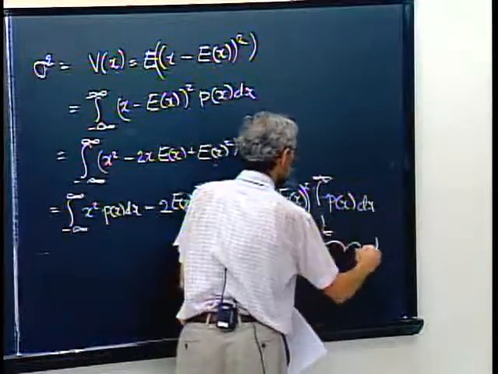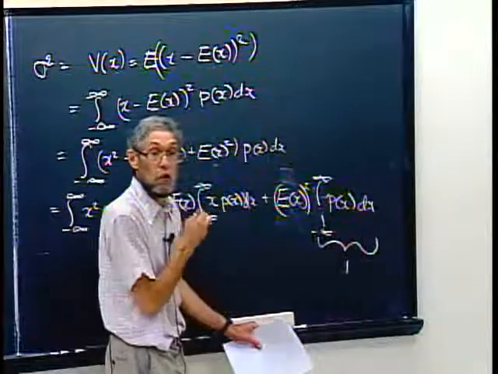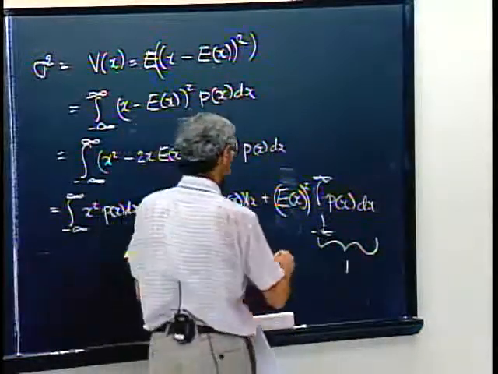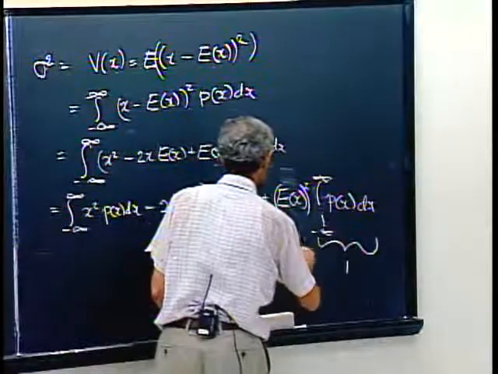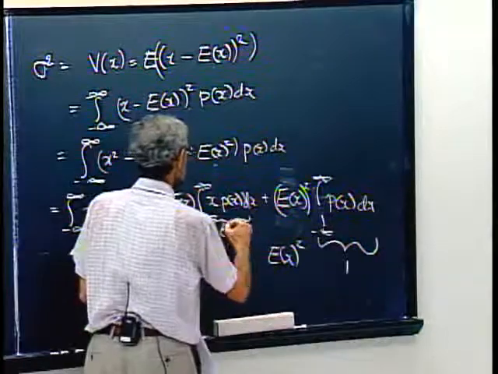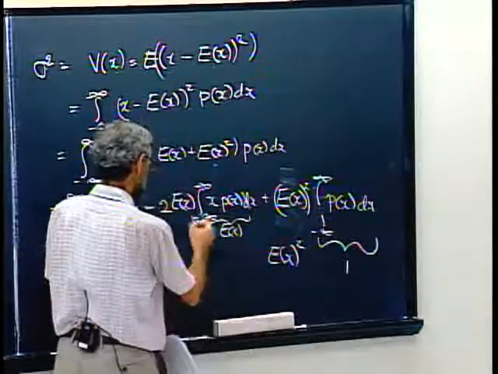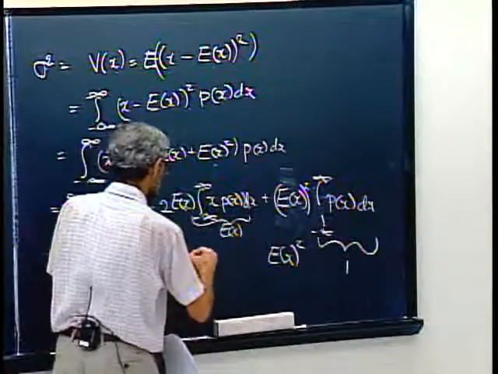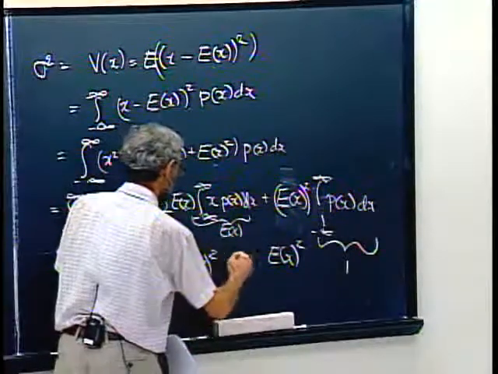And I know this is 1 because that's a property of a probability density. So this term is just E of x squared. This factor is E of x by definition. So this term is minus 2 E of x times E of x, which is minus 2 E of x squared.